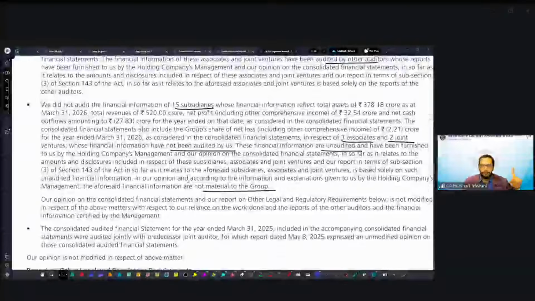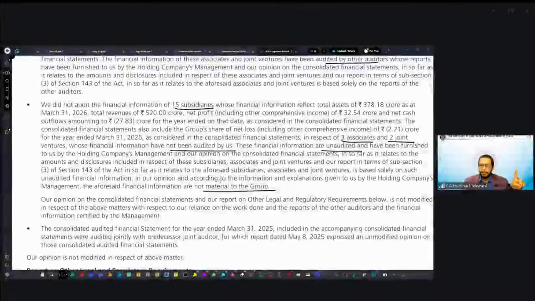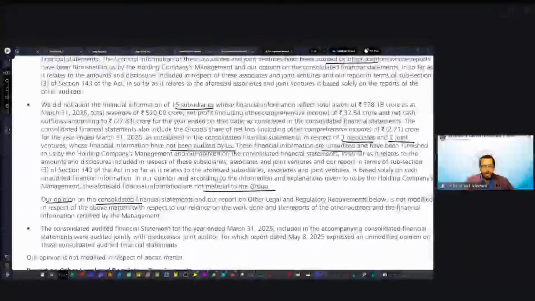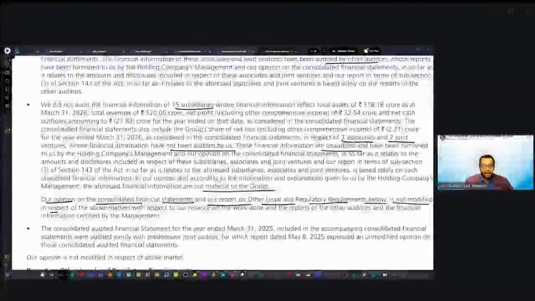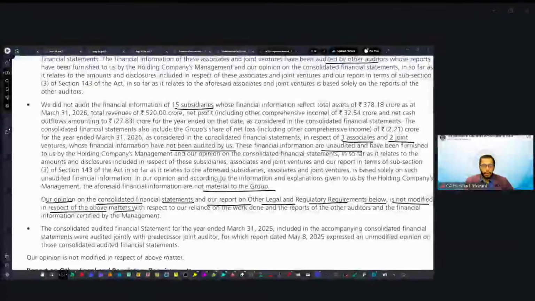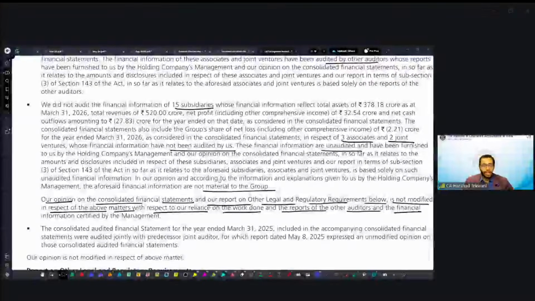One more particular part which is there. Our opinion on the consolidated financial statement and our report on other legal and regulatory requirements below is not modified in respect of the above matters, with respect to our reliance on the work done and the report of other auditors and financial information certified by the management.